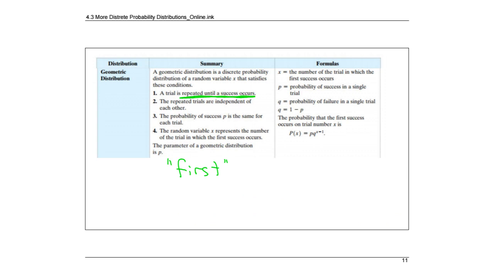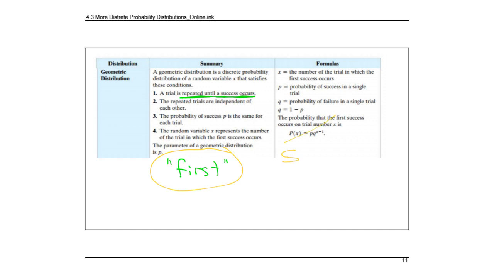All right, if you see the word first, now your resource sheet also has these keywords in it and tells you how to get into StatCrunch. So if we see that they give us P, they give us the probability of success, but then the wording is that we want to see the first success, then we know we have a geometric distribution.